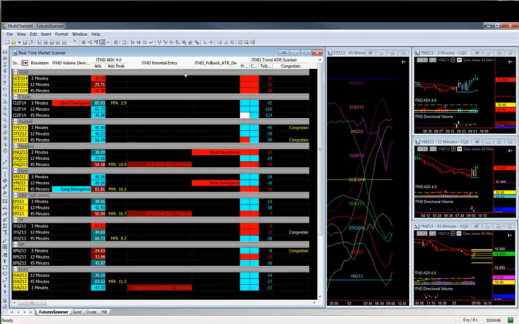Okay, the next column is the THD Potential Entry Indicator. This is a new one, and it really highlights when you are getting a potential entry. For example, right now on the NASDAQ, you have an ATR short entry potential. Okay, that tells me we are at the ATR on the 45-minute chart.